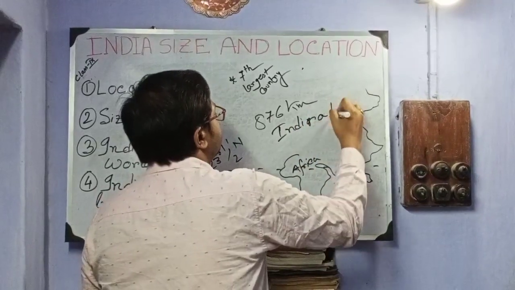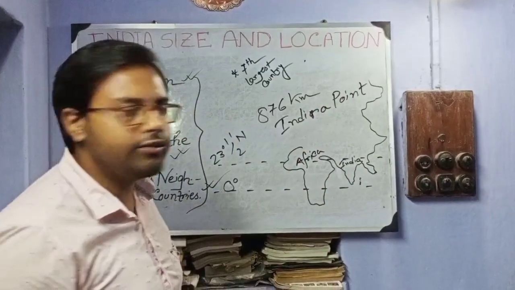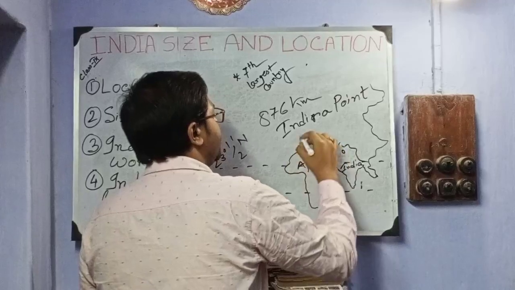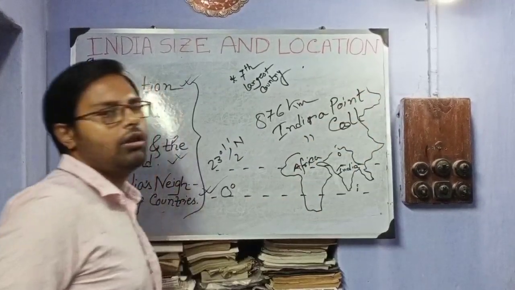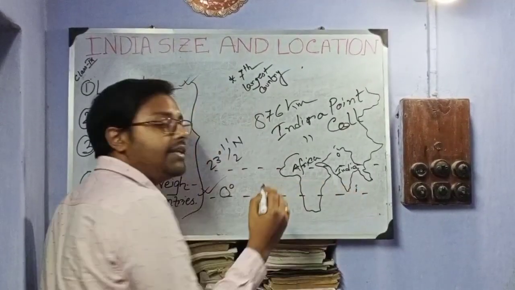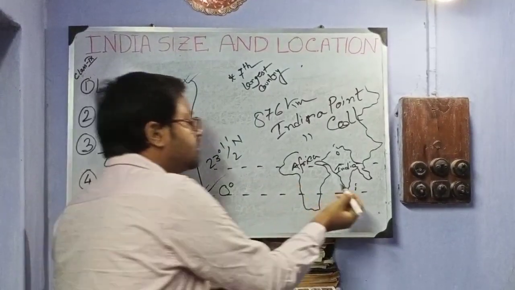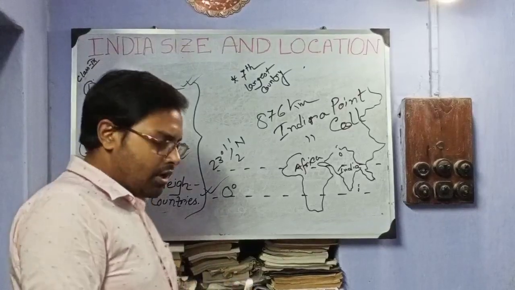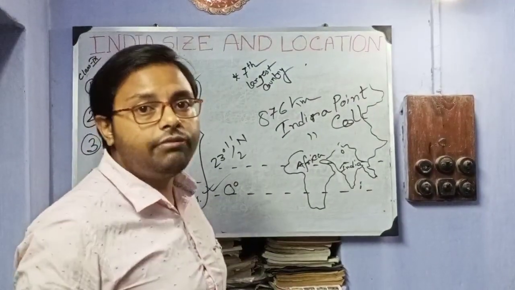And the northernmost point, which is situated in the Kashmir region, is Indira Col. It is situated near about 876 kilometer north from the equator. This is the basic location if we see it in the perspective of the world.